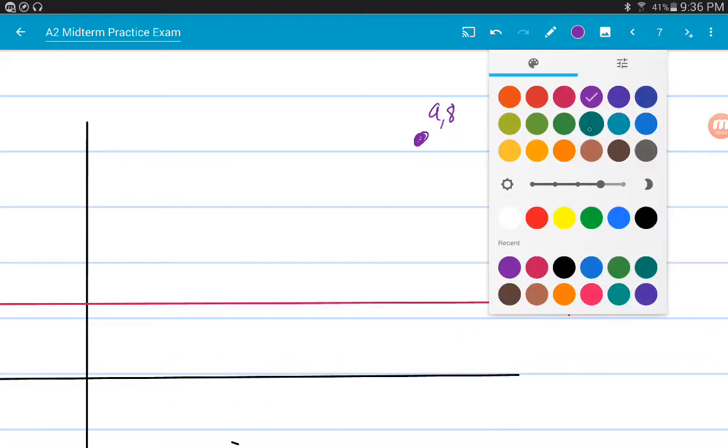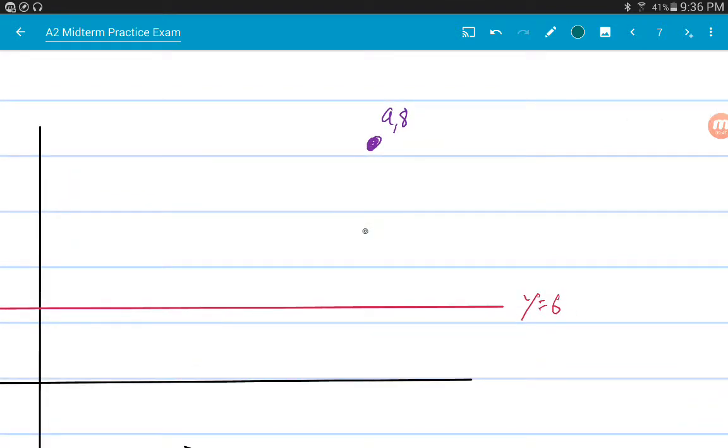A parabola, by definition, is a curve that is equidistant from the point and the line, the focus point and the directrix line. So the way we find out what the equation is, we start from in between the two. We'll start around here, and I just draw a curve up and around the point.